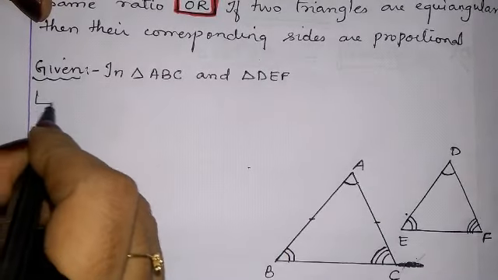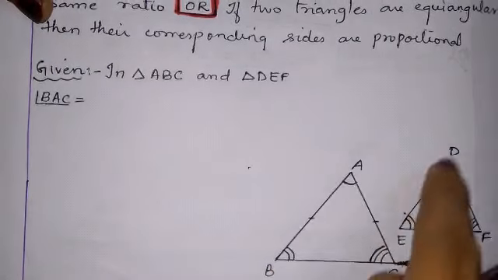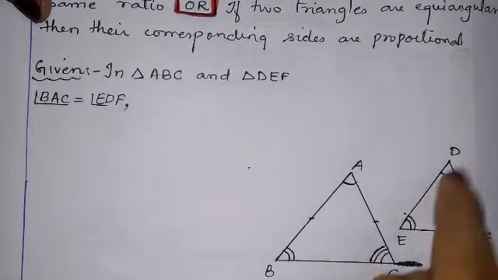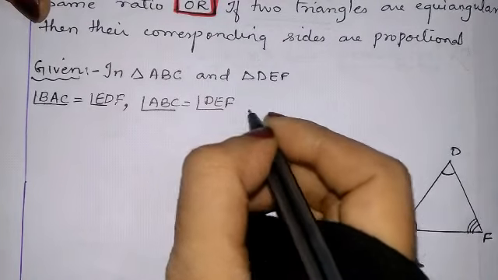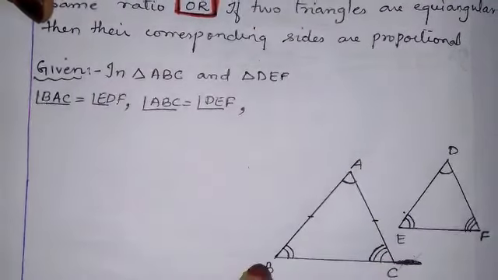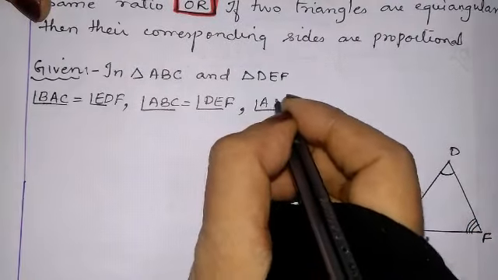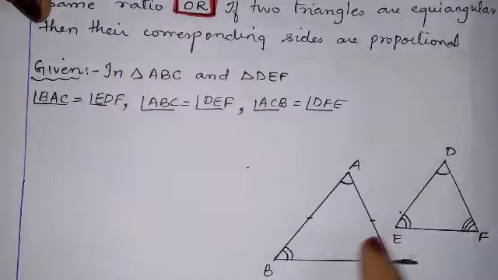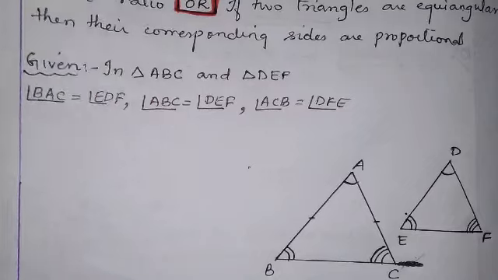Angle BAC is equal to angle EDF, with A being the middle letter of the angle. Next, angle ABC is equal to angle DEF. This is given. And angle ACB is equal to angle DFE. It means that angle A is equal to angle D, angle B is equal to angle E, and angle C is equal to angle F. Okay, this is given.